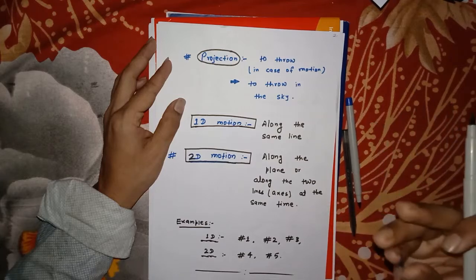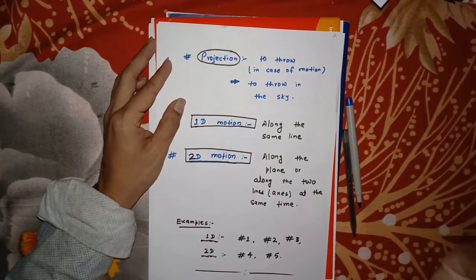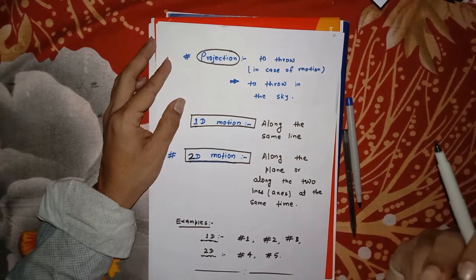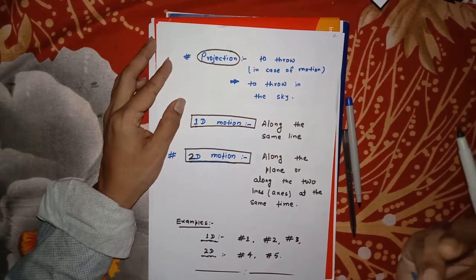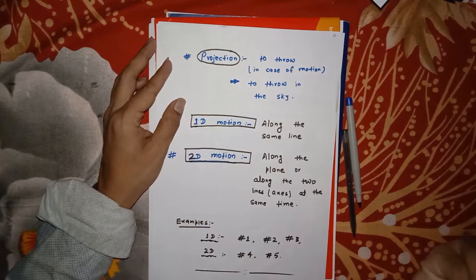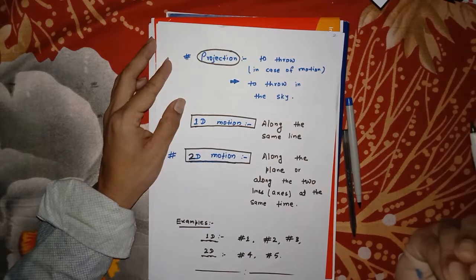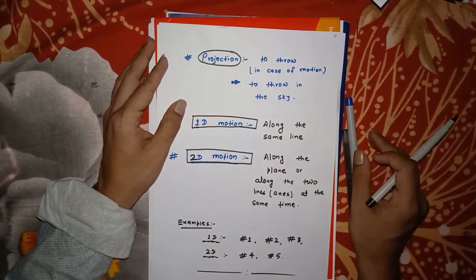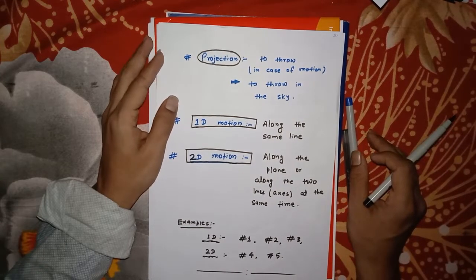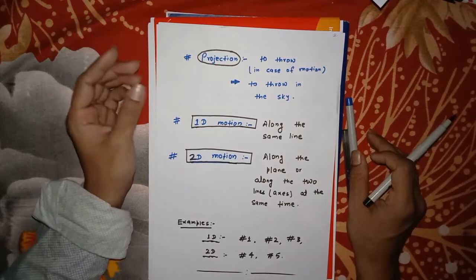No matter how you throw the ball, in which direction, along which line, from above or from the bottom, from the ground or from your roof, no matter, these kinds of motion are called projectile motion. This can be 1D or this can be 2D.